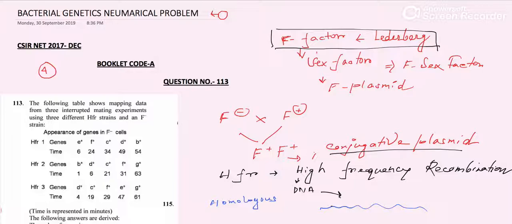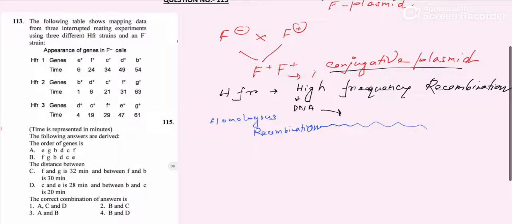Now we can start the problem, because we are clear on the terminology: what an Hfr strain is, and what F plus and F minus strains mean. In this numerical problem they have given a chart with three Hfr strains: Hfr1, Hfr2 and Hfr3.